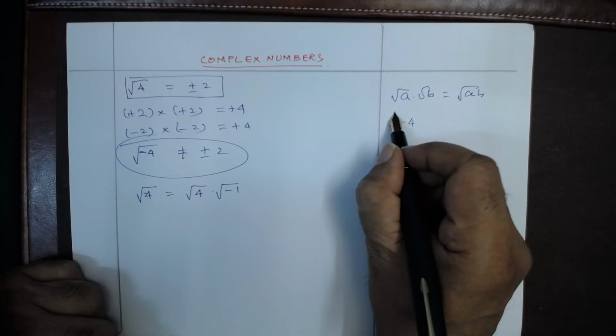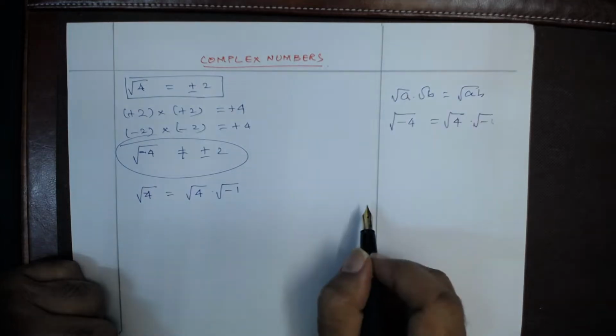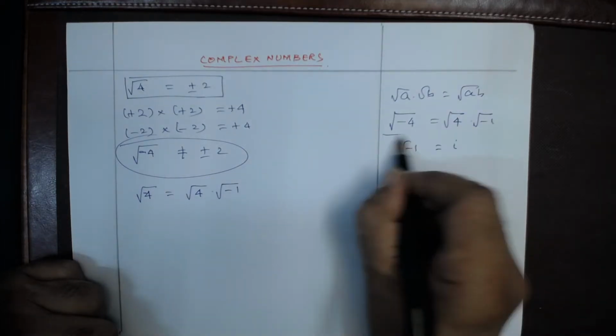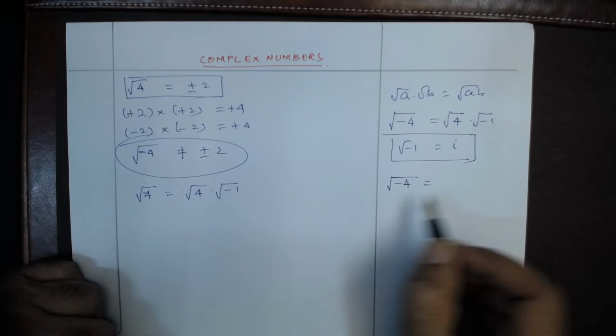Split as plus or minus root 4 into root of minus 1. And this root of minus 1 is called the imaginary number I. So root of minus 1 is represented as I.